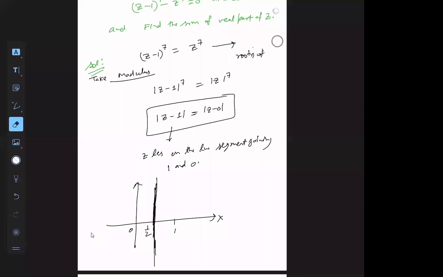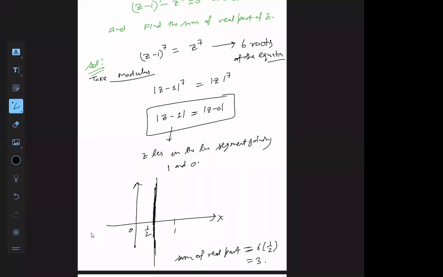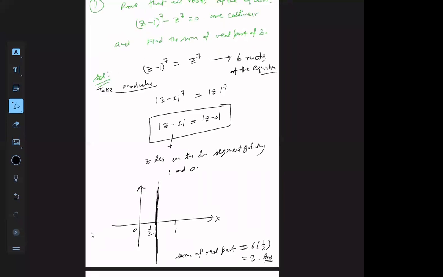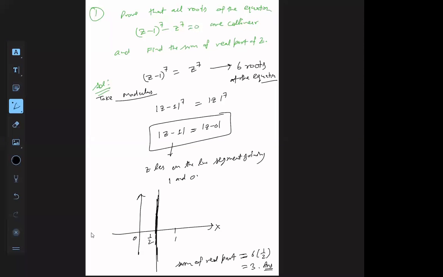So the sum of real parts will be 6 into each part, which is 1 by 2. So the answer will be 3. First of all, the roots lie on this vertical line, x is equal to half. This is the equation of the line x is equal to half.